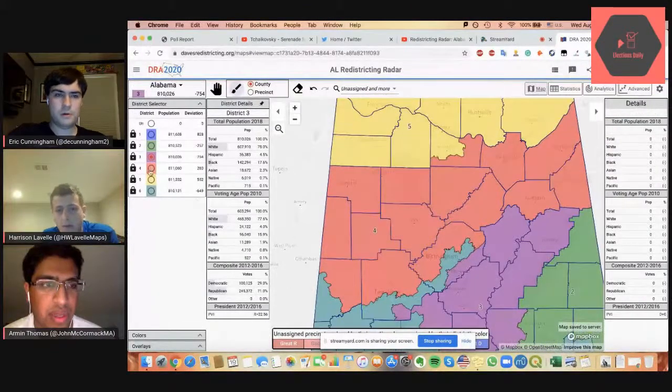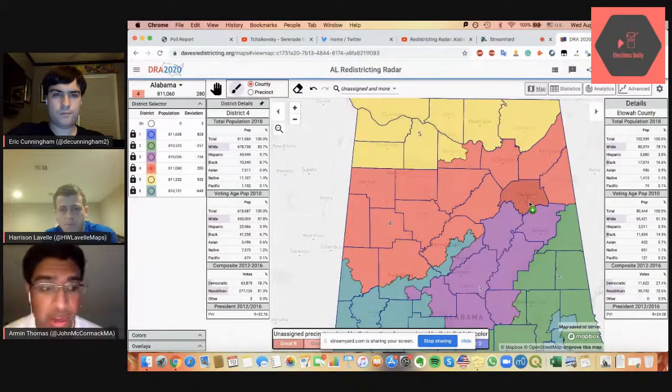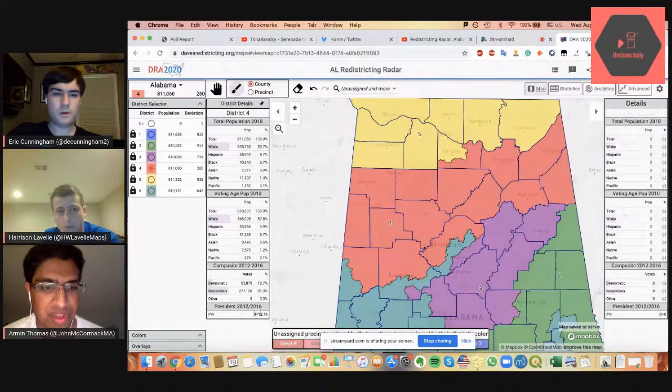Now 4, this seat here looks very similar to the 1990s Alabama 4th and the 4th that existed before, that was represented by the king of the legacy Democrats, Tom Bevel. Obviously, no Democrat would win this today because it's now R plus 33, and the composite score has a Republican at 81, which means Trump probably got above that.